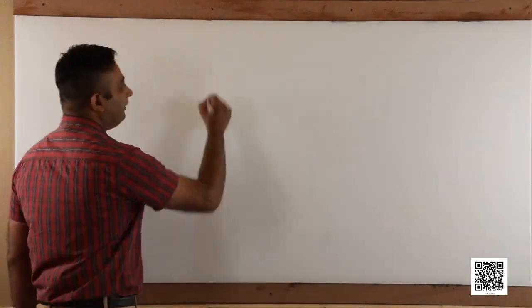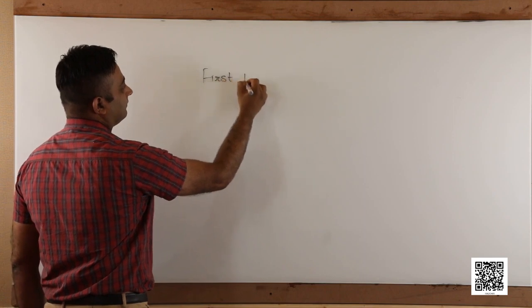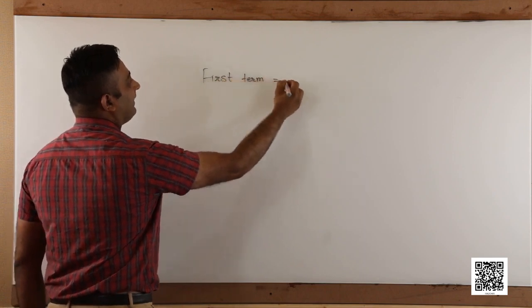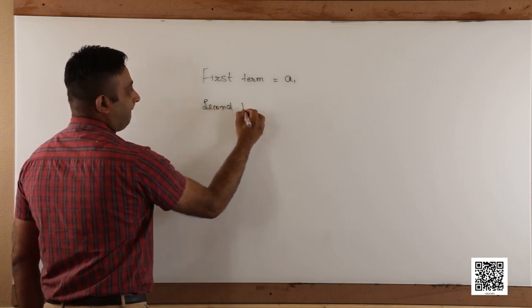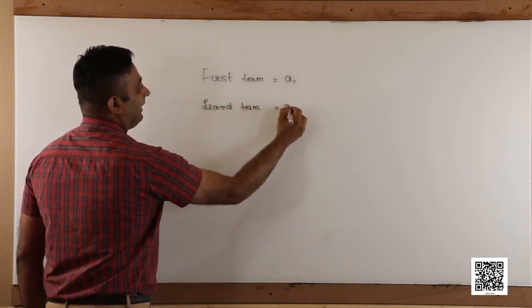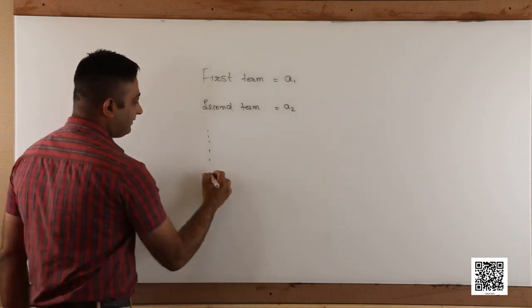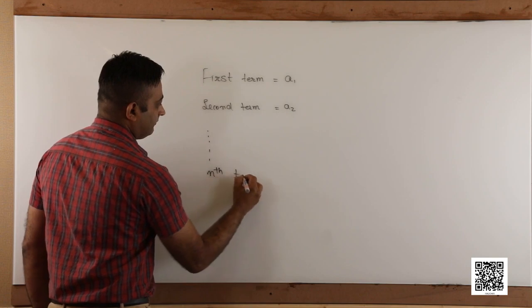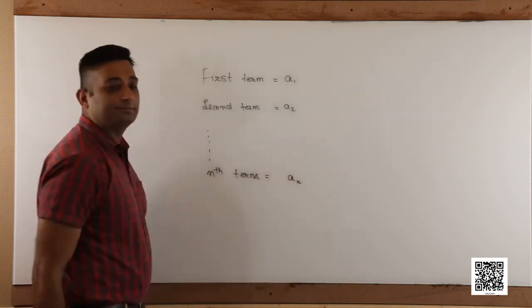Let us denote the first term of the arithmetic progression by A1, the second term by A2 and so on. Its nth term is denoted by An.